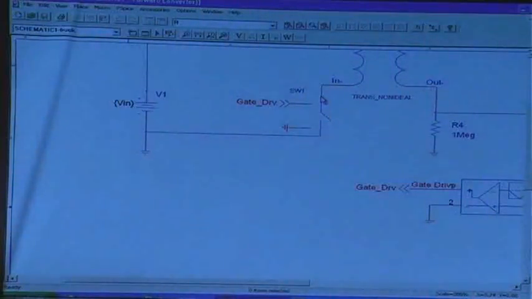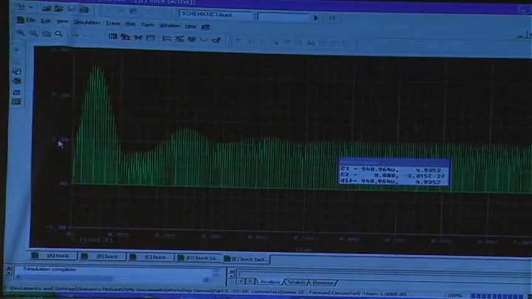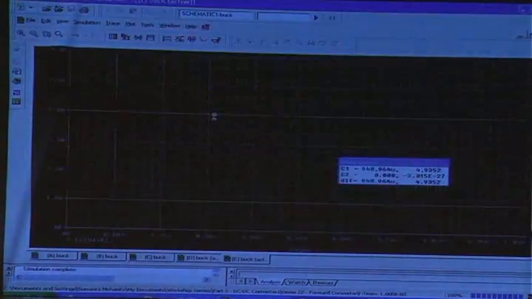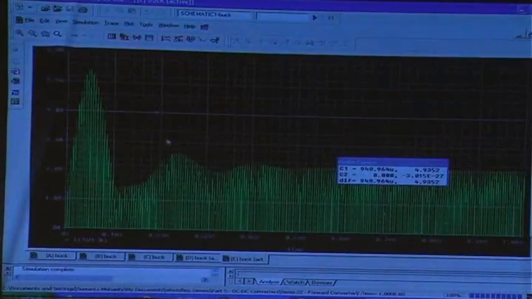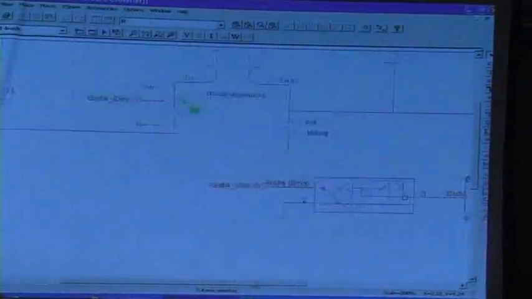We attach this probe, and that's your switch current. Let's position it to 0, add another axis, and plot the secondary current.